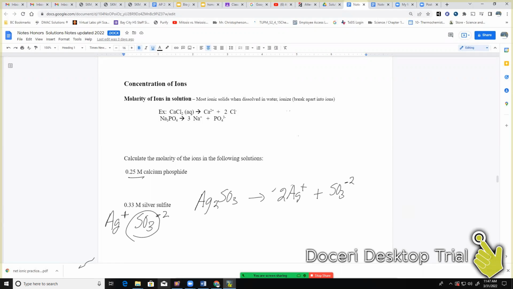All right, so I have done everything in regard to making sure that it's balanced with charge and also balanced within my elements. So if this is 0.33 molar, then my silver would be what? 0.66 molar. Didn't even need a calculator. And what would my SO3 be? It would be 0.33 molar. All right, not too bad.